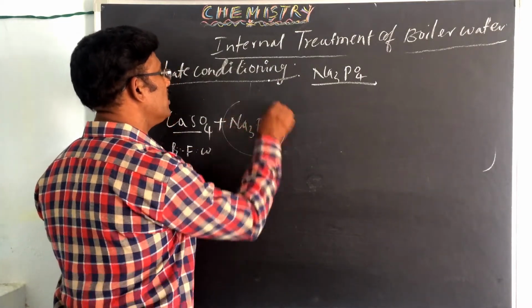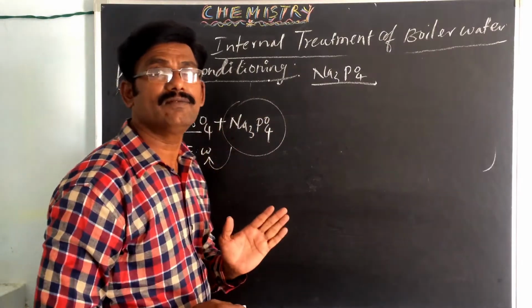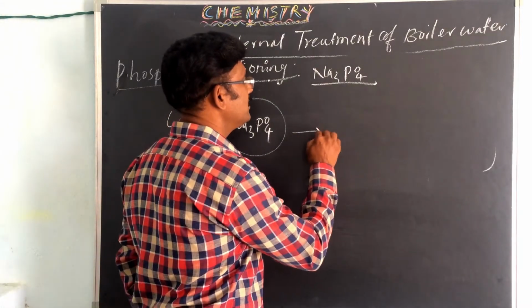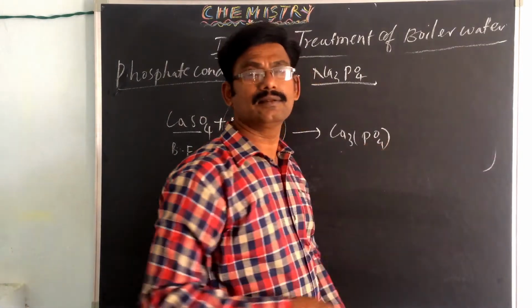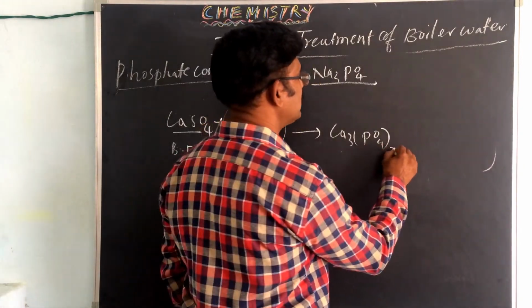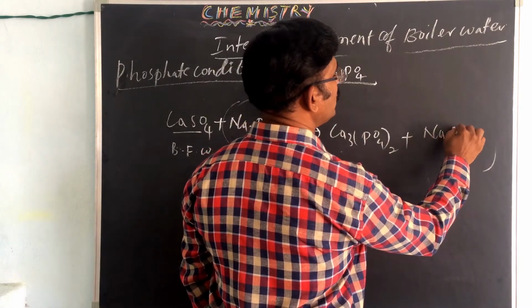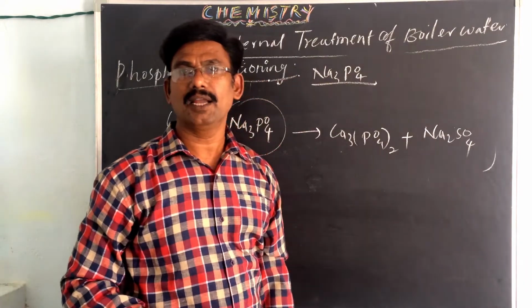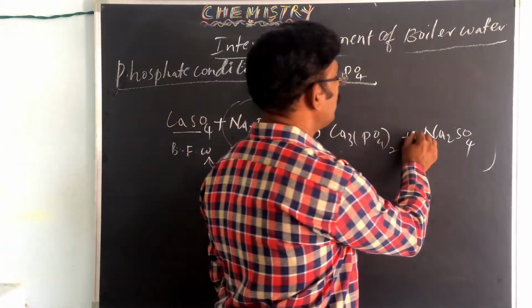When this compound is added to the boiler, it reacts with the calcium sulfate to form what? Ca3(PO4)2, take it twice, plus sodium sulfate, Na2SO4. So how much balance is there? 3 is there. Okay, 3.